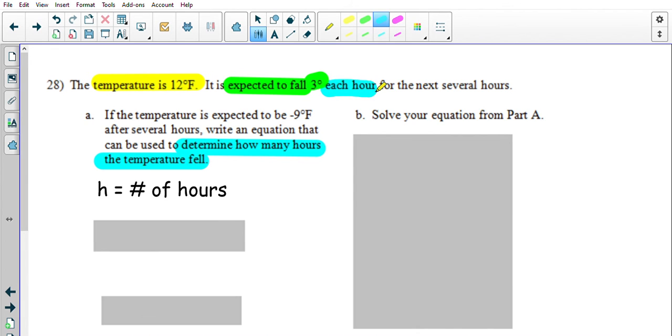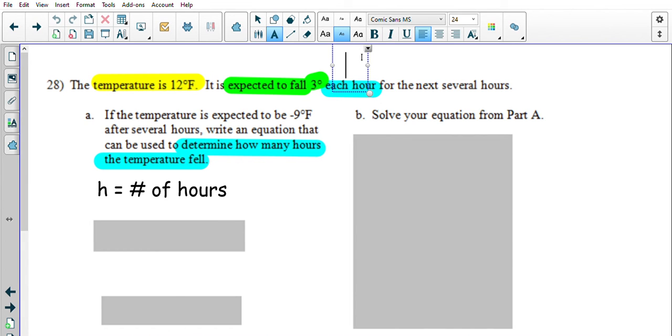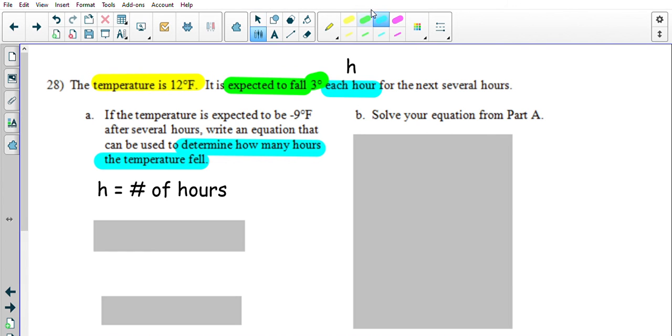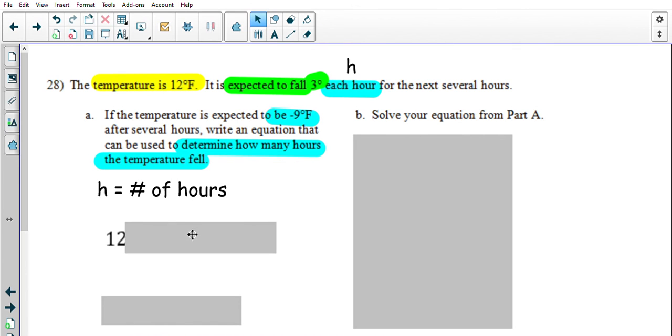Keep in mind, h represents the number of hours. And it's going to end up at -9 degrees Fahrenheit. So let's put this together. It starts at 12, it falls, so we subtract off 3 degrees per hour is 3h, set it equal to our final temperature of -9.